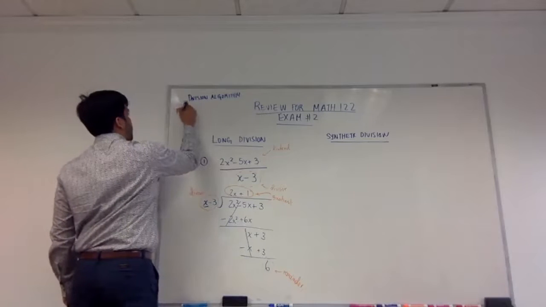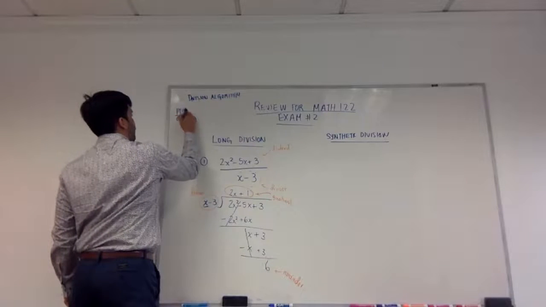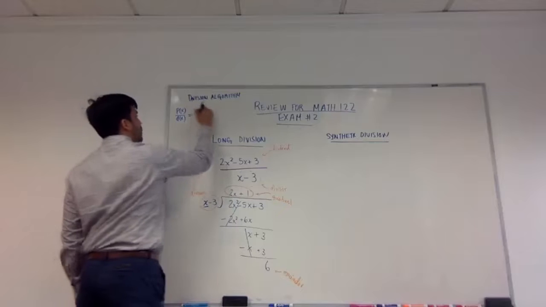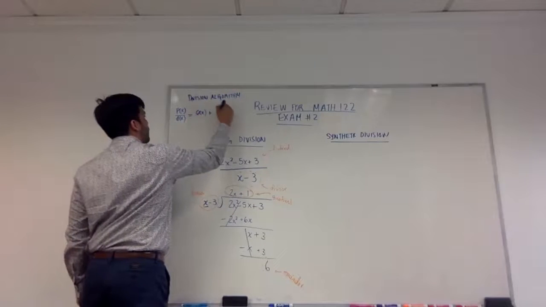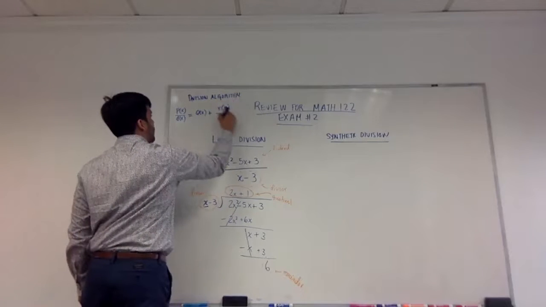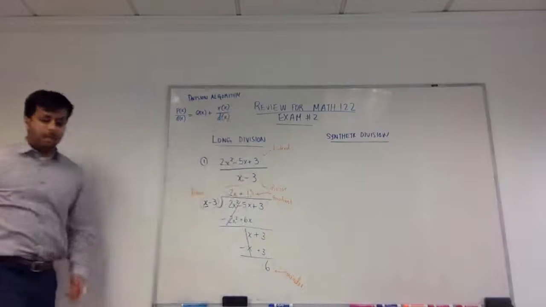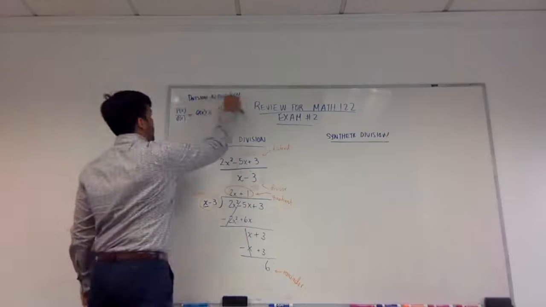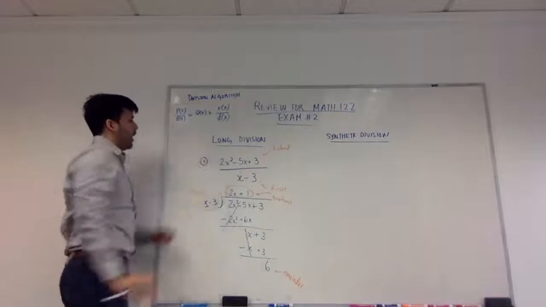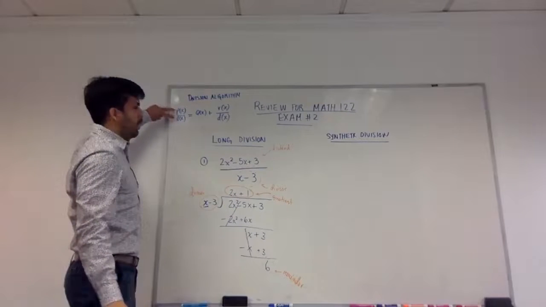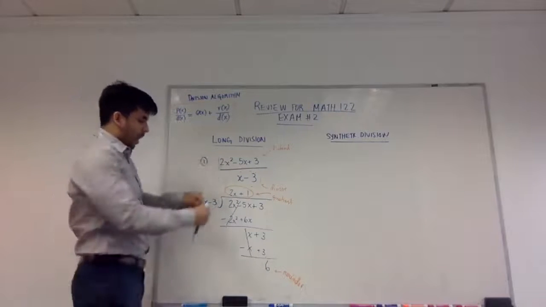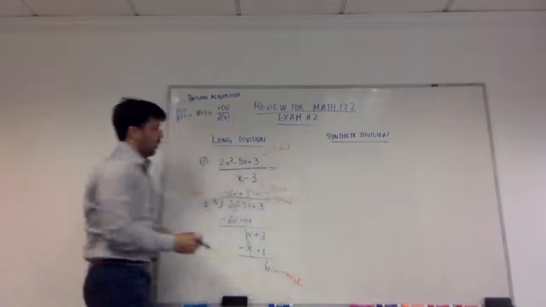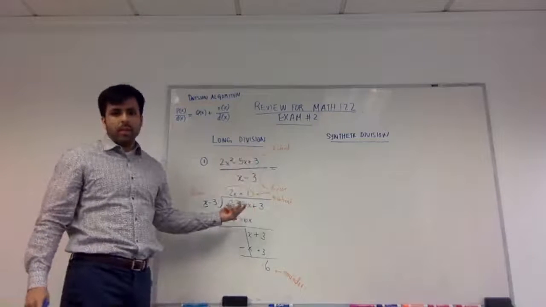If a polynomial divided by a polynomial results in the quotient plus the remainder over my divisor. This is important to remember: whenever you have a fraction of polynomials, I want to figure out what's the result of this fraction.